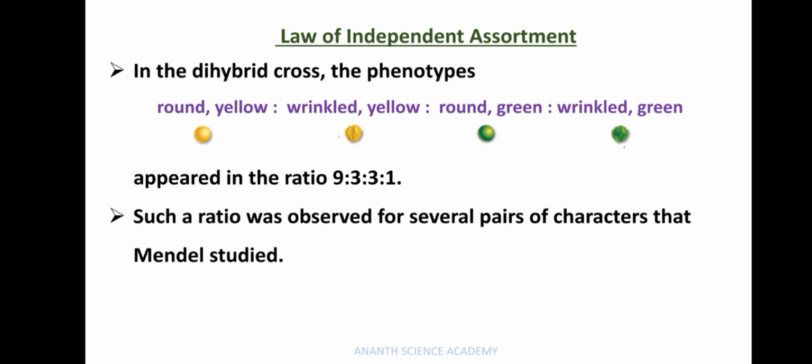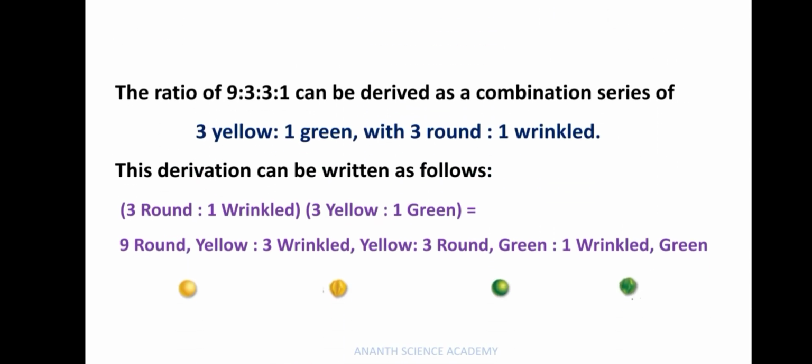Such a ratio was observed for several pairs of characters that Mendel studied. The ratio of 9:3:3:1 can be derived as a combination series of 3 yellow is to 1 green with 3 round is to 1 wrinkled. This derivation can be written as follows.